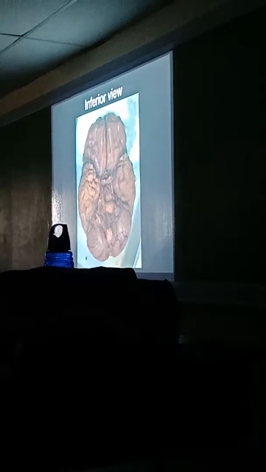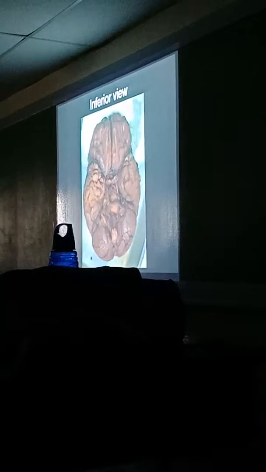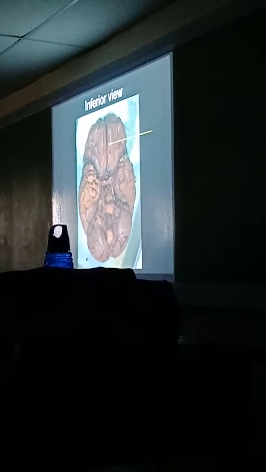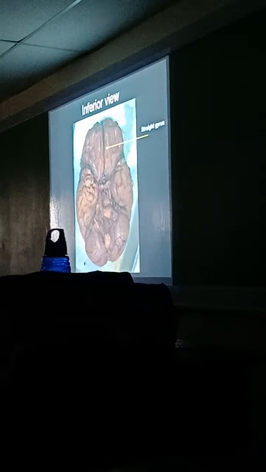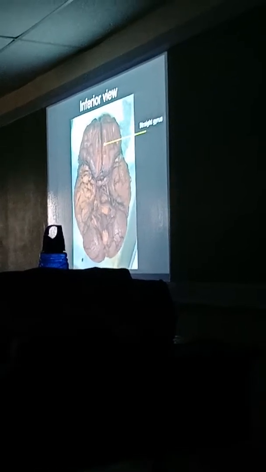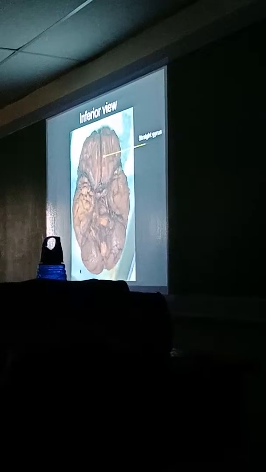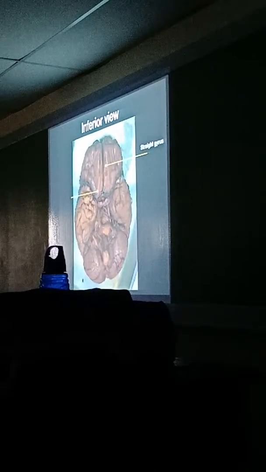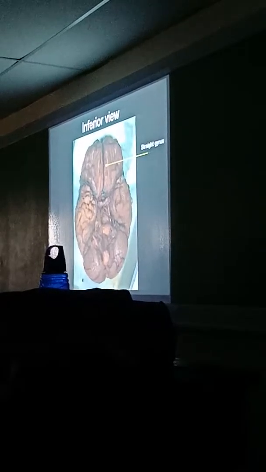Okay. Review. The structures found here in the inferior surface of our cerebrum are, this is what we call your straight gyrus. Obviously, at the medial side is found the straight gyrus.